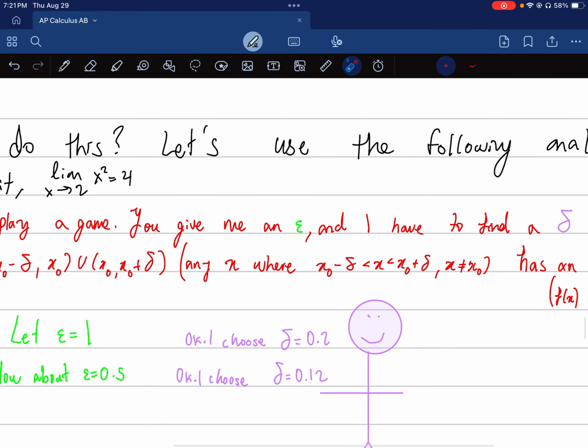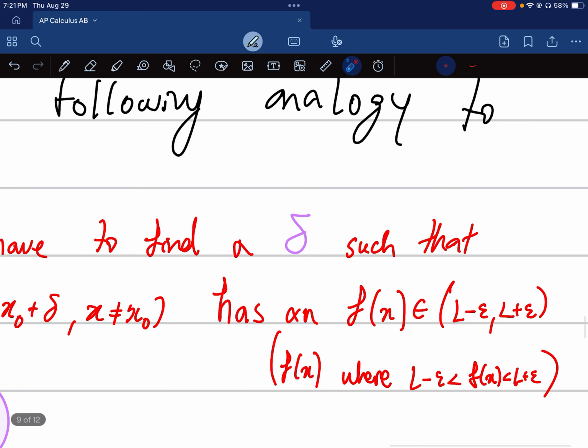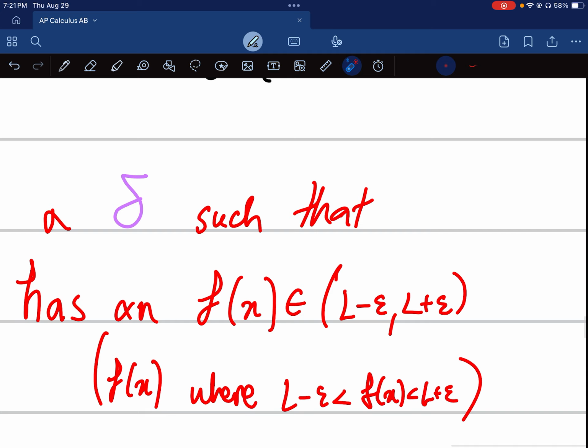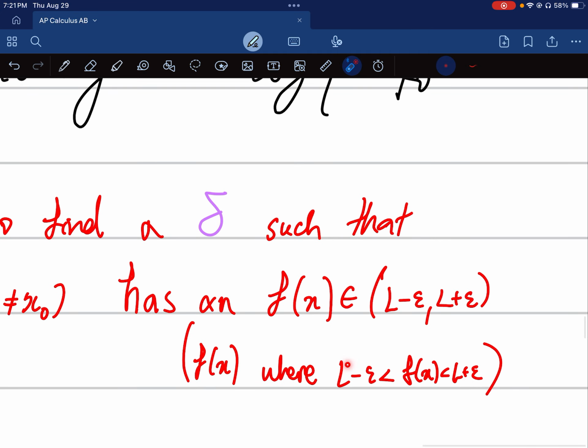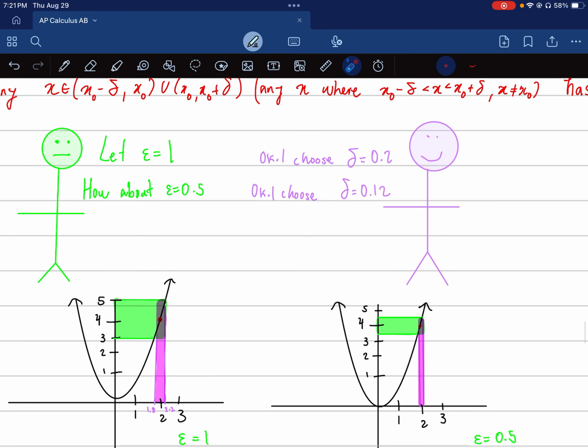This is just the meaning of this, but remember, x is not x naught. Keep that in mind. Has an f of x in the epsilon neighborhood we defined. So f of x where the limit minus epsilon is less than f of x less than the limit plus epsilon. Remember that, we'll reference that later in the video.